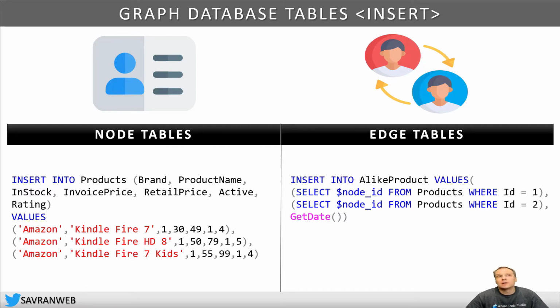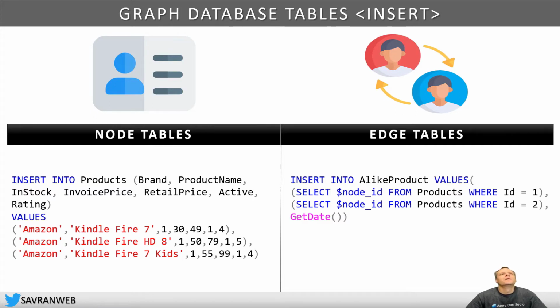So for node tables, there's absolutely nothing different when it comes to inserting data. Edge tables are a little bit different. In our case, we created this column named created date. We really don't need to pass it because we created a default constraint, so if we don't pass it, it's going to get the current date.